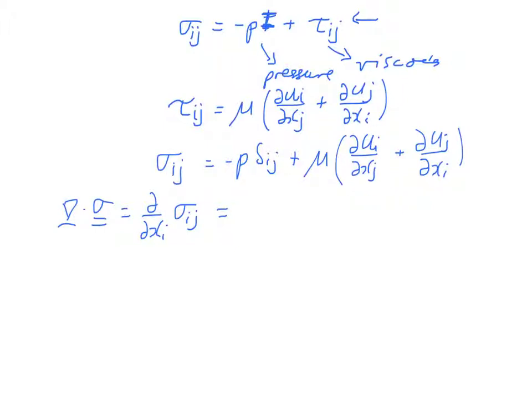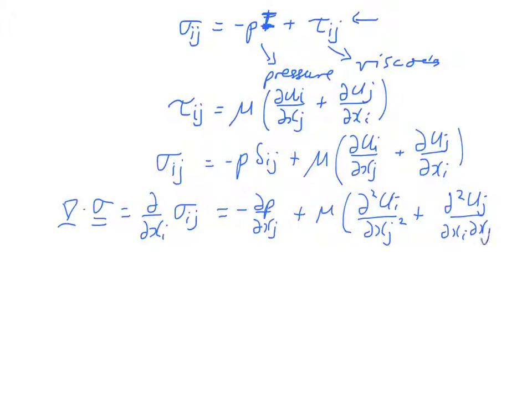So what we can do here is we can write negative dp dxj plus mu times d squared ui dxj squared plus d squared uj dxi dxj, and here we're going to assume our flow is incompressible, and if we do that, then you can see out of here you can pull a duj dxj, which is just equal to the divergence of u, and so that equals 0.